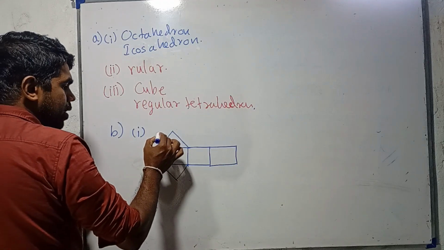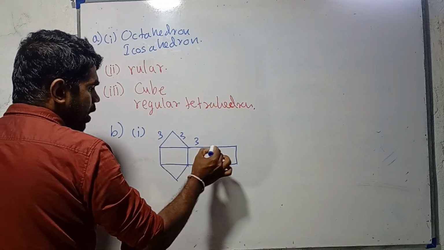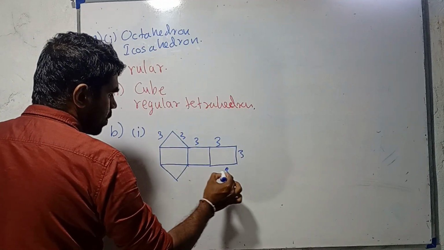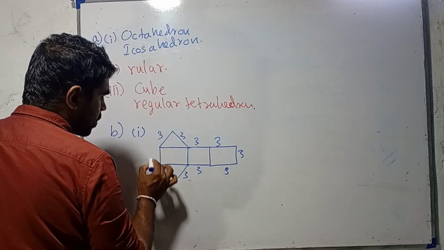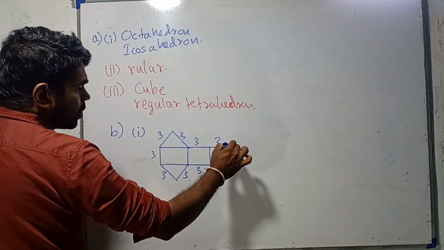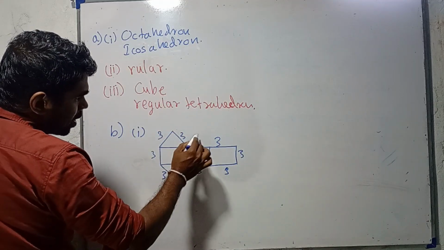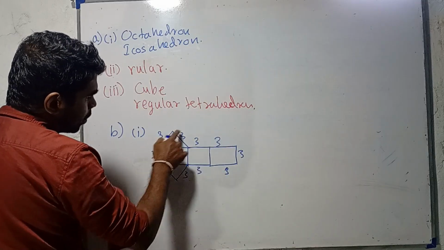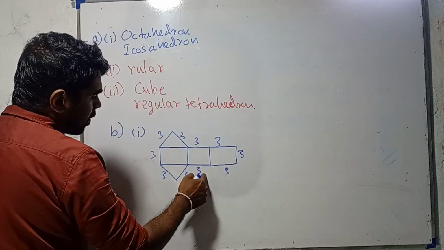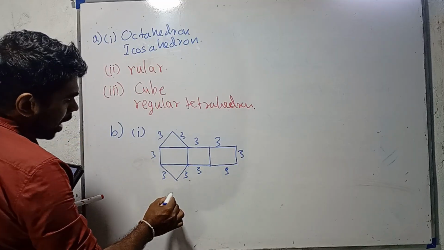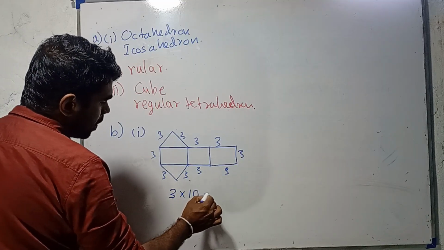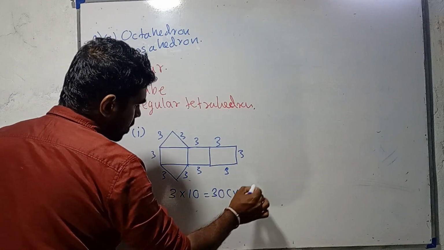Then we have to add 3, 3, 3, 3, these values, only the outer boundaries. 3 plus 3, 6, 6 plus 3, 9, counting 1, 2, 3, 4, 5, 6, 7, 8, 9, 10. 3 times 10 is the perimeter. It is 30 centimeters.